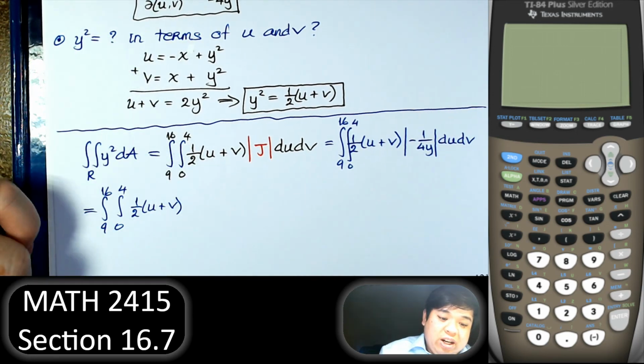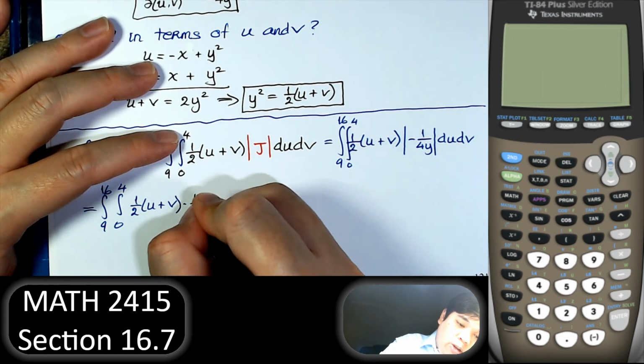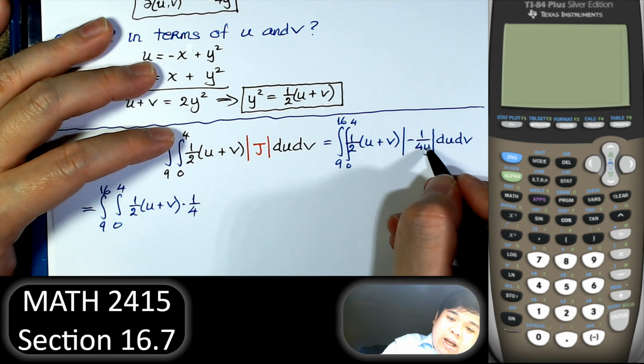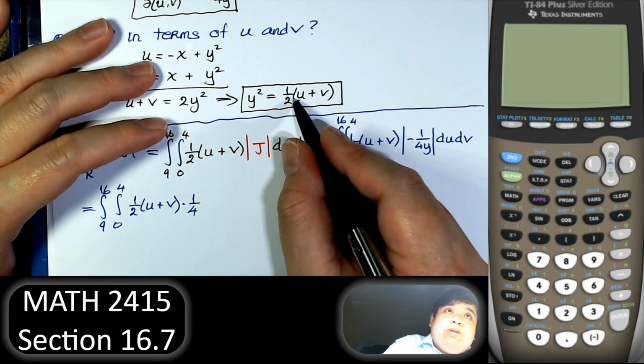But since already here, 1/4, and y at the bottom, it's going to be the square root of that.